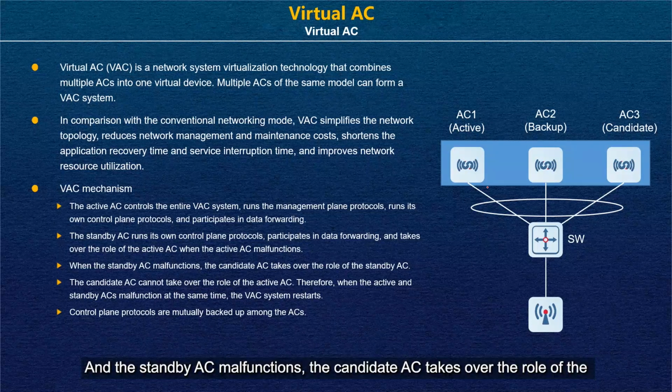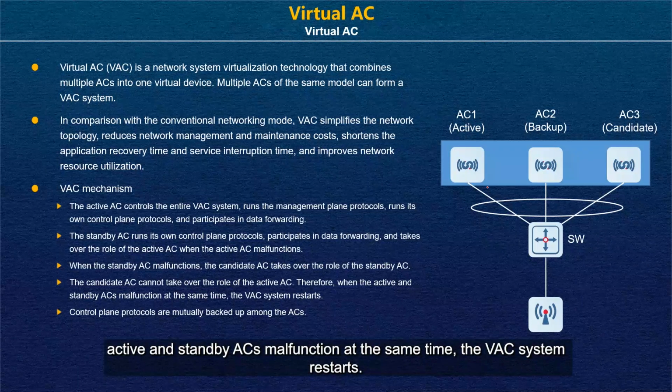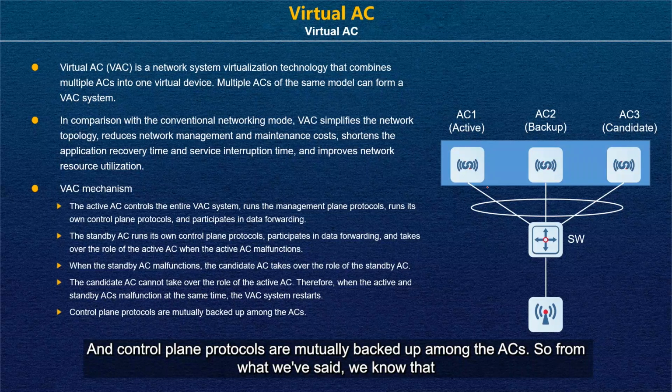And when the standby AC malfunctions, the candidate AC takes over the role of the standby AC, and the candidate AC cannot take over the role of the active AC. Therefore, when the active and standby ACs malfunction at the same time, the VAC system will restart. And control plane protocols are mostly backed up among the ACs.